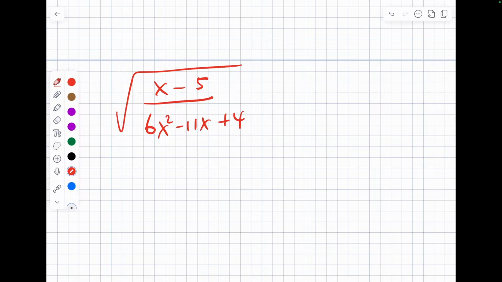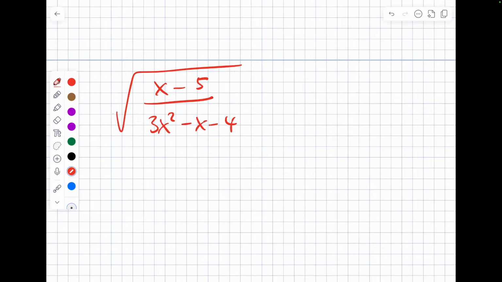Ooh, hold on a second. I don't like this one. My fault. I don't like this one because there's a number in between, which is very hard to test. So let me give you a better one. 3x squared minus x minus 4. And this one's better, I believe.